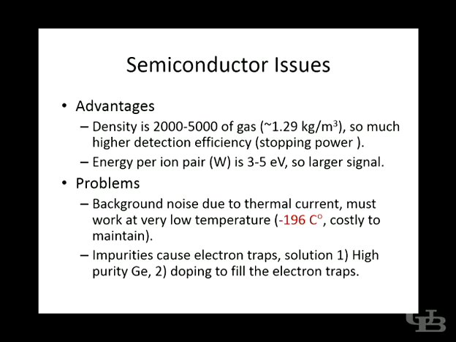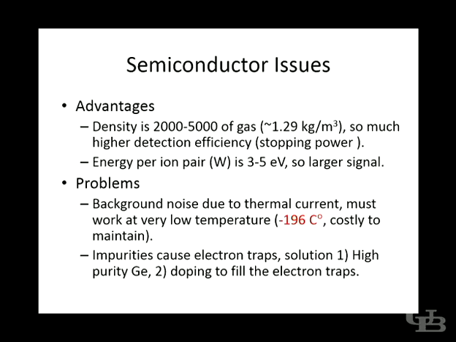The advantages of semiconductor: first, it's much denser. Air's density is 1.29 kilograms per cubic meter. That's very light. The density of a semiconductor can be 2,000 to 5,000 times the density of air or the gas-filled detector.